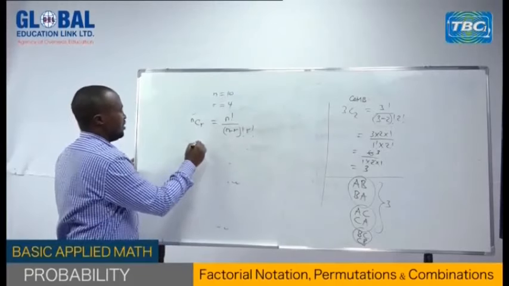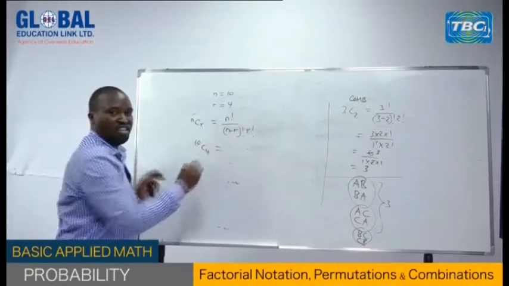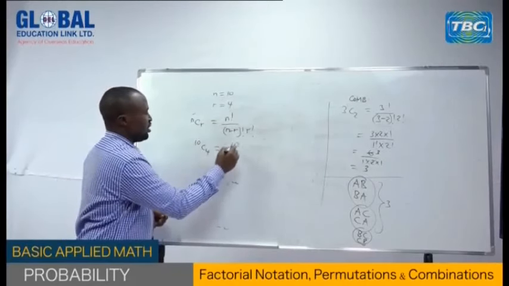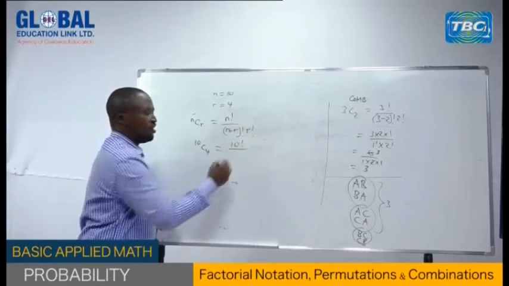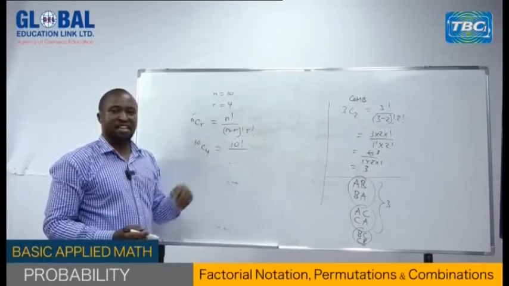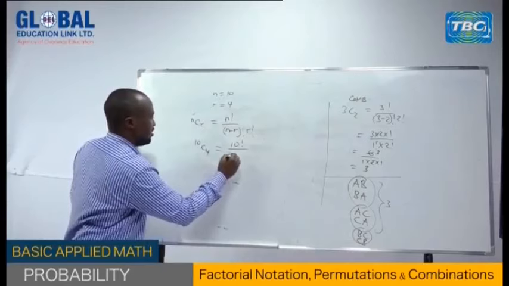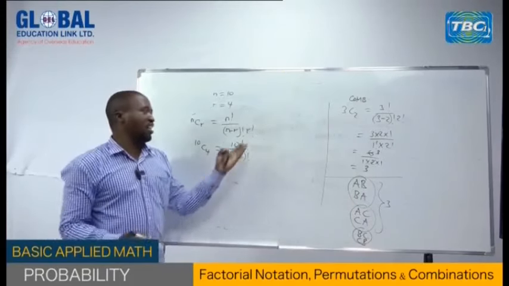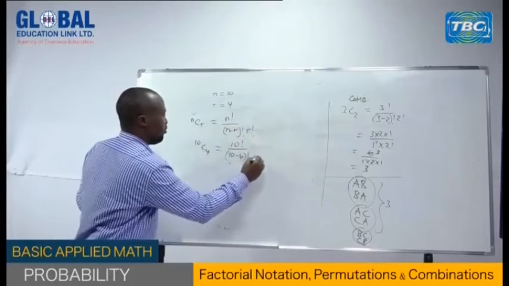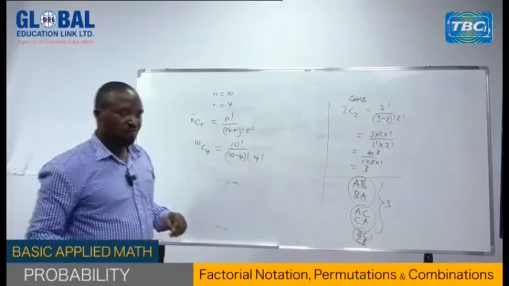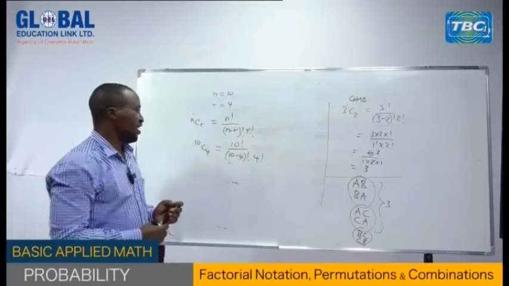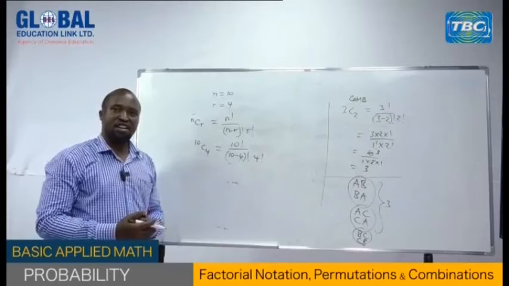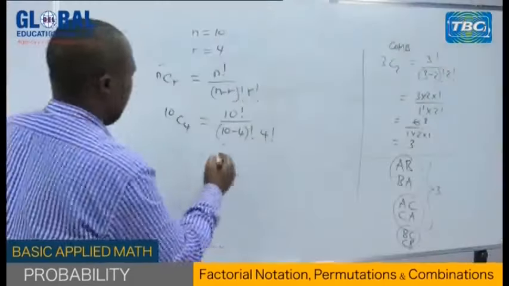So we have 10C4 is equal to 10 factorial over 10 minus 4 factorial, times 4 factorial. For this case, you can use your scientific calculator to find the final answer, or you can proceed like this.